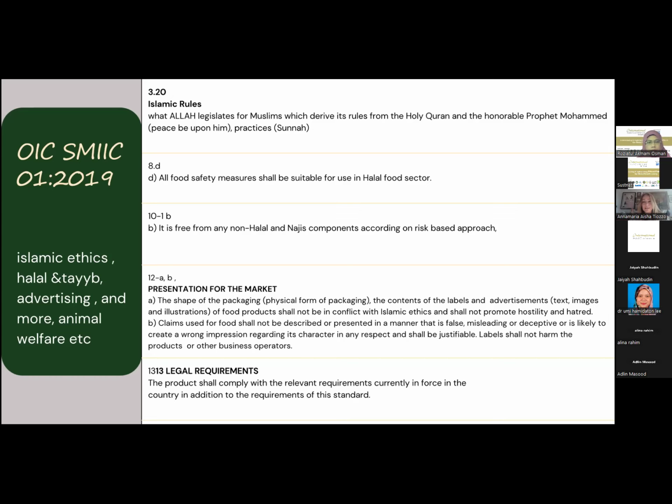The standard talking about it is not easy, especially when the producer is non-Muslim. From here, they need to integrate the standards with more description about Islamic business ethics and about Islamic marketing.